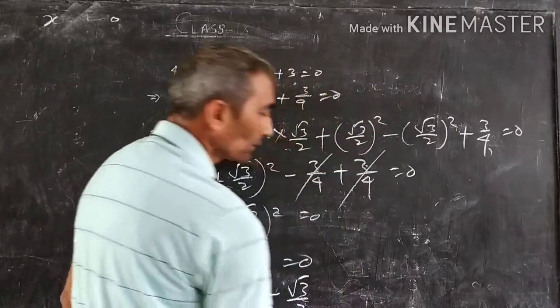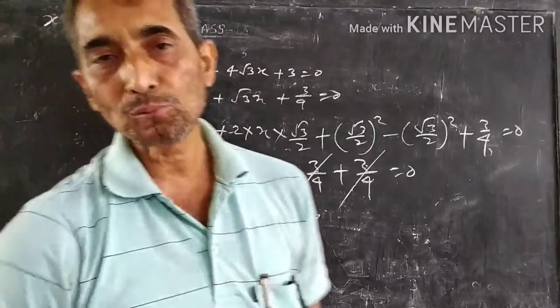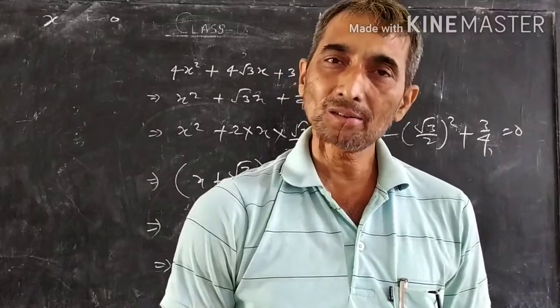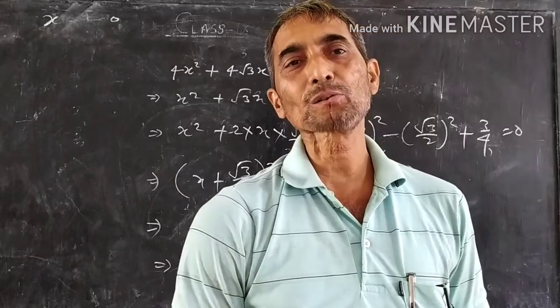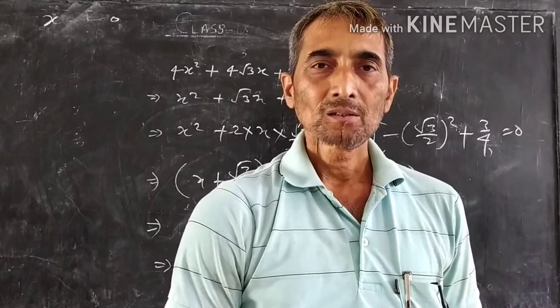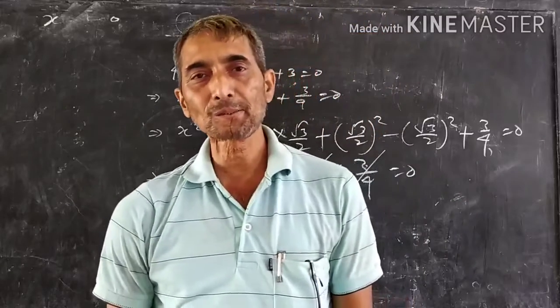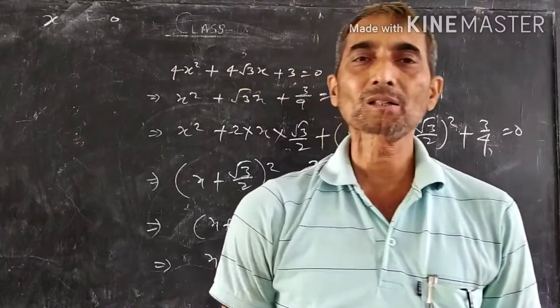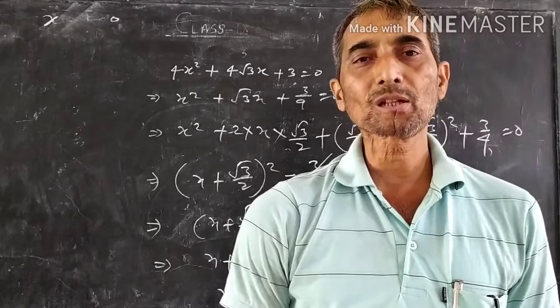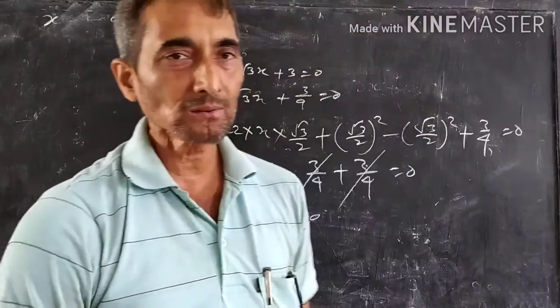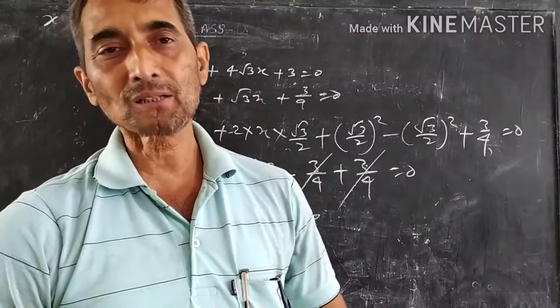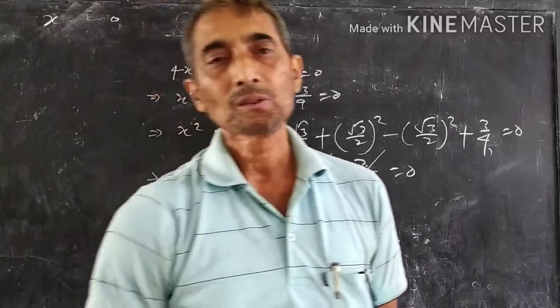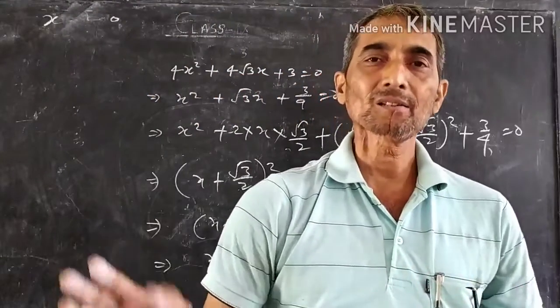Students, one thing is here: if equation is quadratic, then surely it has two roots. If the discriminant of the quadratic equation is 0, then roots are same. If the discriminant is greater than 0, then they are different.